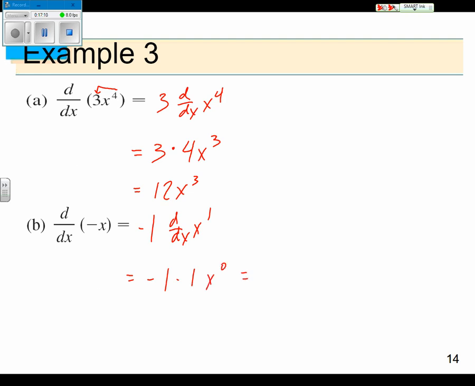Okay. -1 times 1 times 1. So we brought the -1 to the front, and we dropped this 1 down to the front, and we lowered the exponent by 1. That gave me x to the 0. So I have a -1 times 1. X to the 0 is 1. -1 times 1 times 1 is -1.